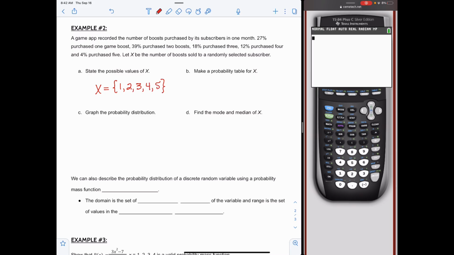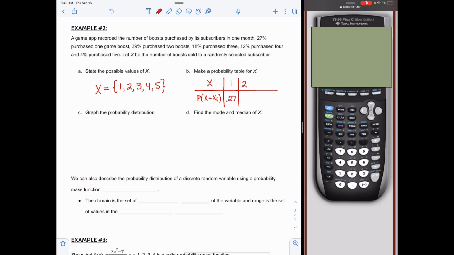All right. B, make a probability table for X. So if we want to make a probability table for X, all we have to do is look at our possible values as our X and our probabilities as our Y. So the probability that people will buy 1 boost was 27%, so that's 0.27. 2 boosts is 39%.